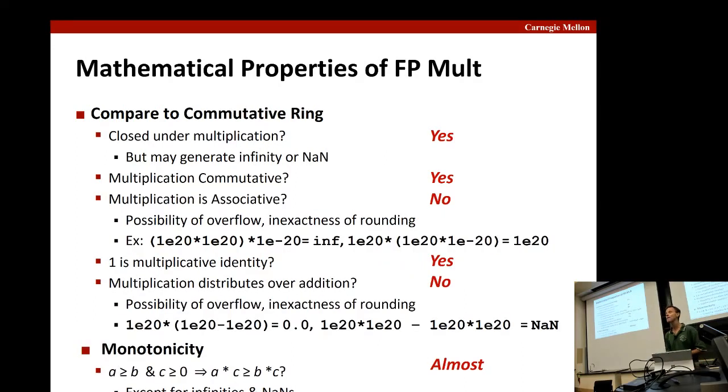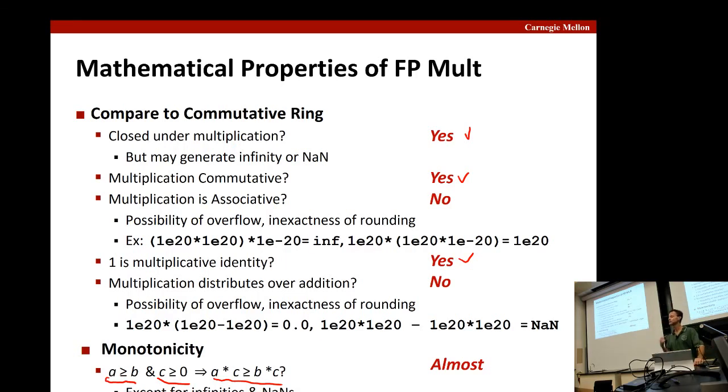Okay. What about multiplication? Here the news is pretty good as well. It's closed under multiplication. It's commutative. 1 times anything is still that value. And the multiplicative monotonicity says that if A is greater than or equal to B, and you have a non-negative C, then if you multiply that C by both sides, the sense of the inequality doesn't change.